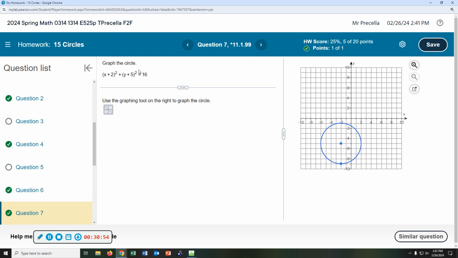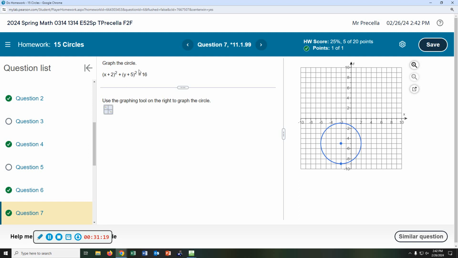This is a binomial squared, a sum or difference being squared. You can't just say it's x squared plus 4 squared. What do you do if you have x plus 2 times x plus 2? What do you do to expand an x plus 2 squared? Starts with an F.